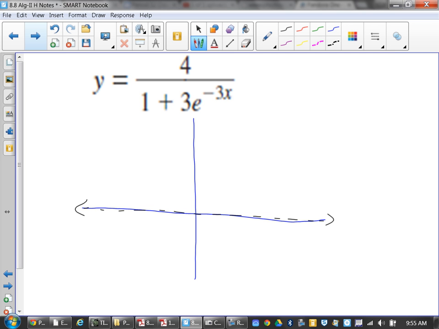Where's my other asymptote? It's at y equals 4. I know that my y-intercept is going to be at 1, because it's 4 divided by 1 plus 3. It's convenient how you can just figure it out, right?